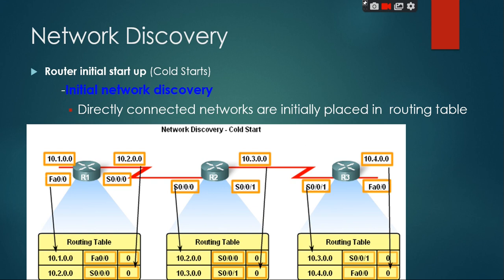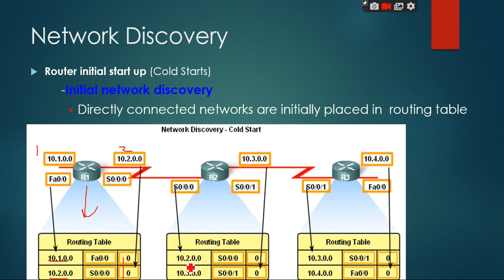So what happens is routers will learn about their directly connected networks. If you look at this diagram, router 1's routing table: there are 2 directly connected networks, one is 10.1.1.0, and the second one is 10.2.0.0. They put that information in the routing table as connected. Because they are directly connected, hop count will be 0. R2 at a cold start again has 2 directly connected networks, both of them WANs.